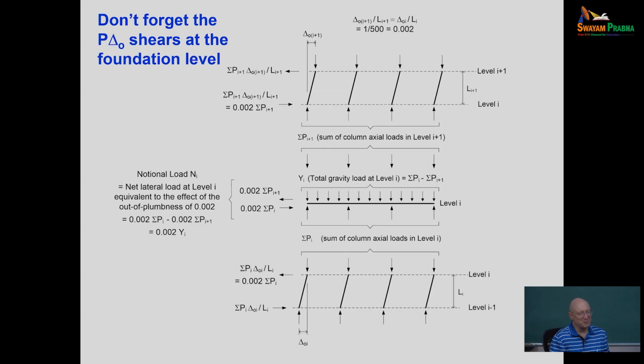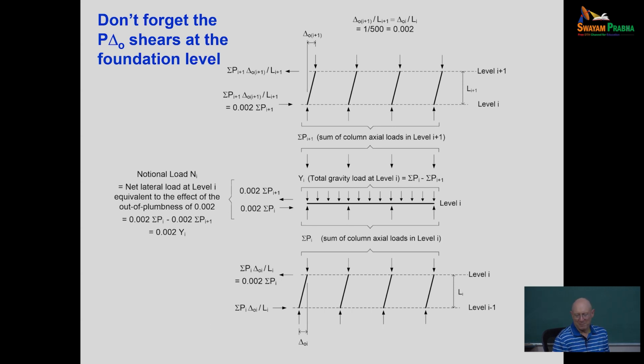I've received the question before: I ran my analysis by the AISC, it's a gravity load, but not only gravity loading on the frame, but now because of these notional loads, I've got a story shear at my foundation. How could that be? This is only gravity load.